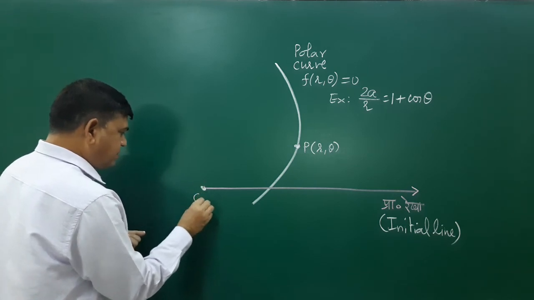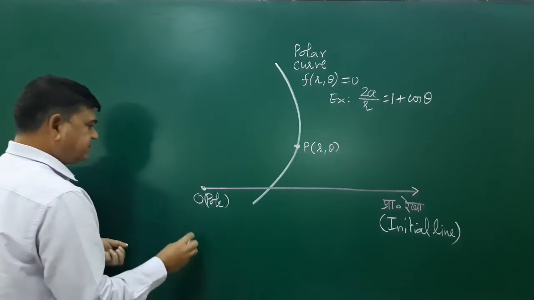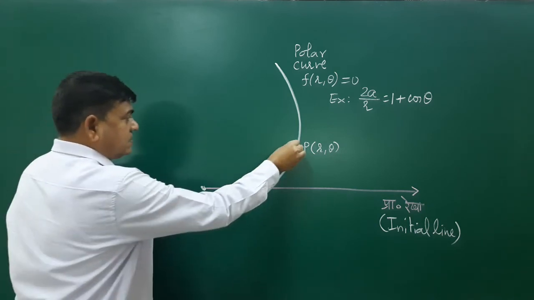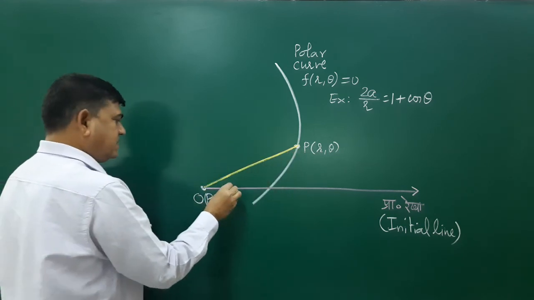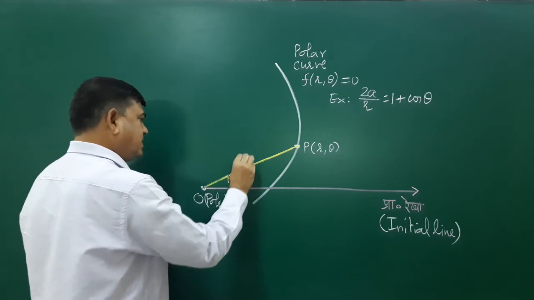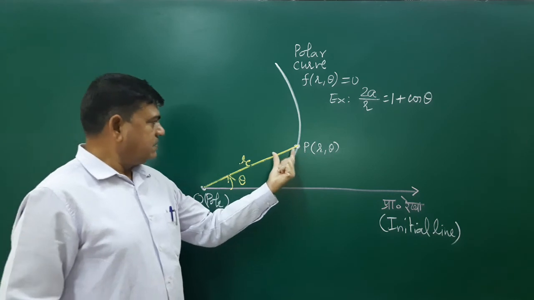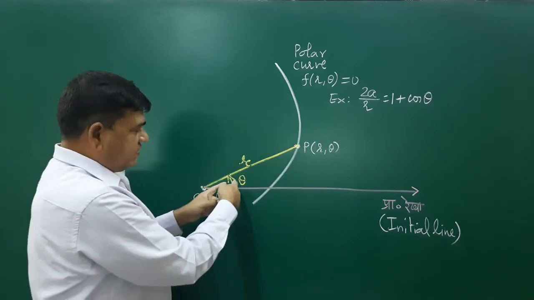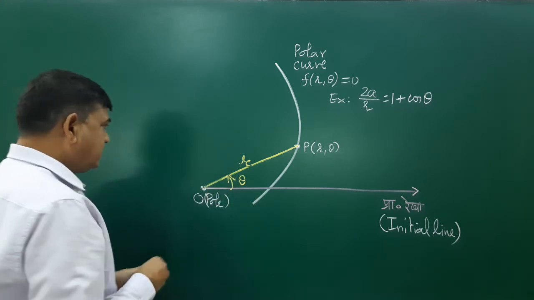This is the fixed point O. This is the pole. Remember it. And this point is joined to this. Then you know that this is theta and this distance is r. OP is the radius vector and theta is the vectorial angle in anticlockwise direction.